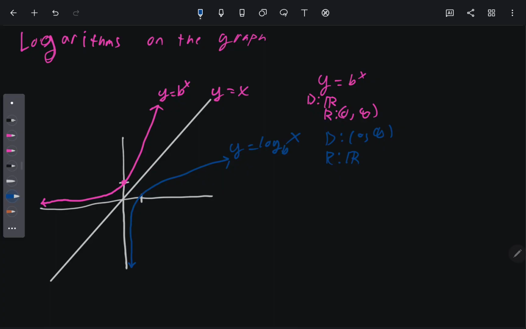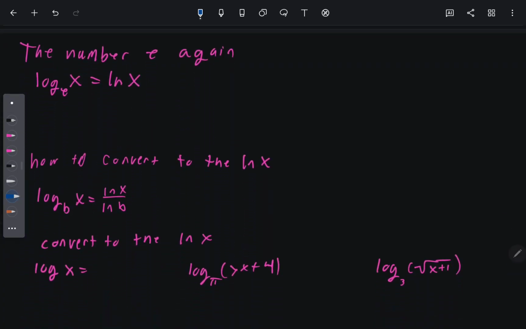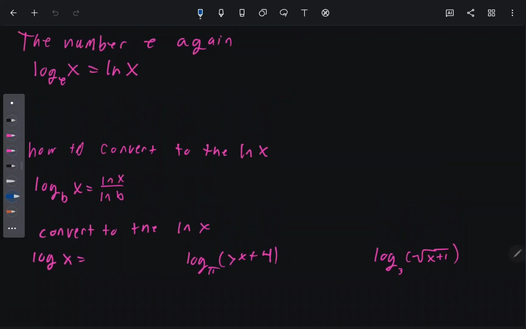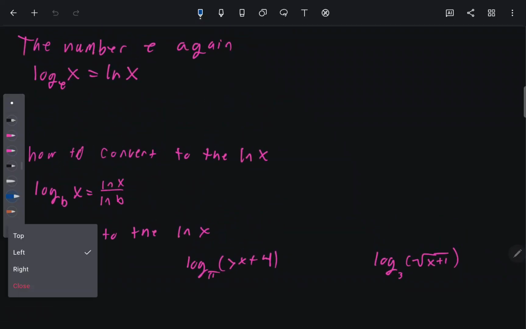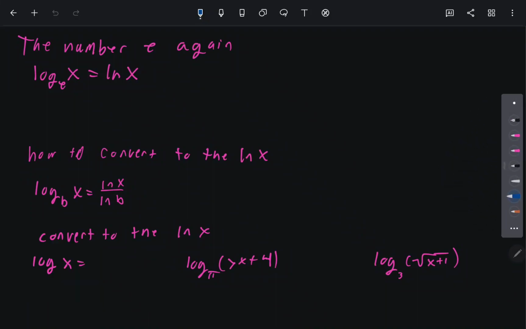Look, its domain and its range will always swap. The number e, again, has very special properties. And in fact, we want to work with the number e whenever we're in logarithms. So, the log base e of x is the natural logarithm.